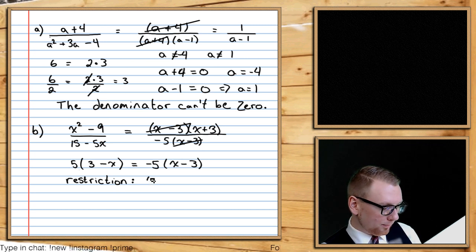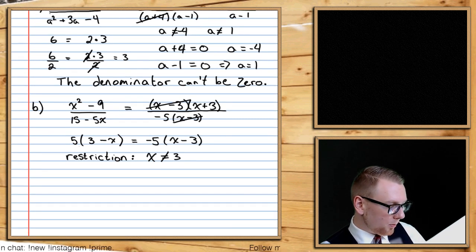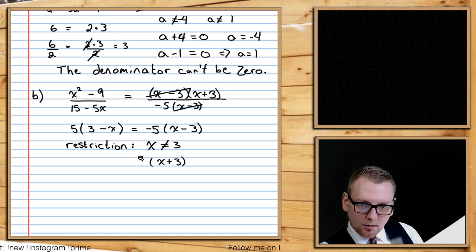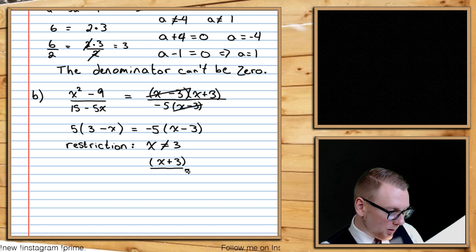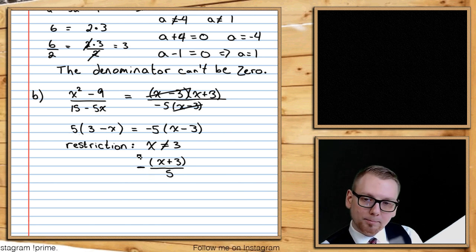X can't be 3. And what are we left with? X plus 3 on the top. There would be a minus 5 on the bottom, but we don't like writing a minus sign on the bottom, so we can just bring the minus sign up and write it on the top.